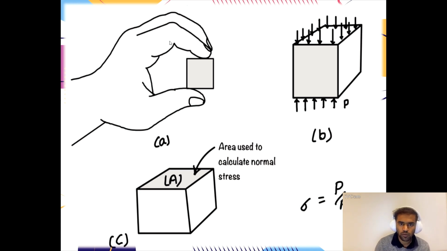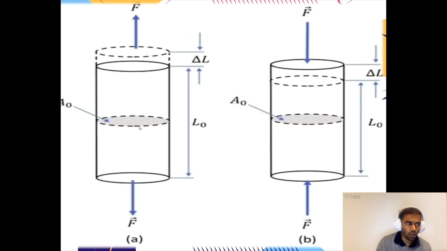In this figure we can see that force is being applied on the two surfaces, the top and bottom. If this area is considered A and the force is P, then stress is equal to P by A. Depending on the direction, the stress is either compressive or tensile.